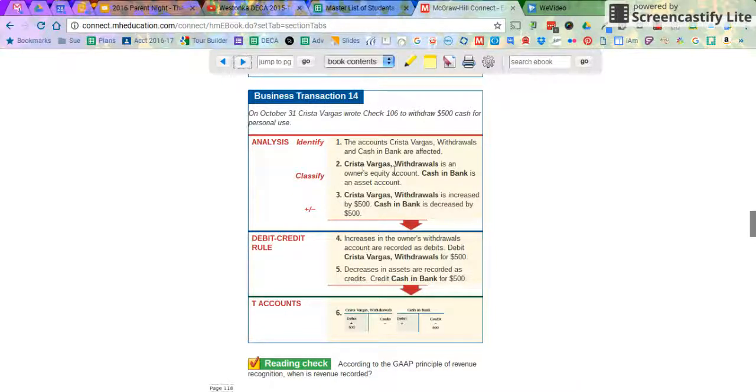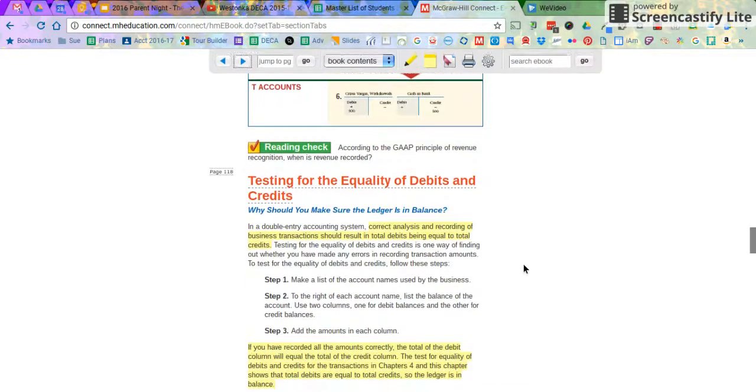So the account is called the owner's name, withdrawals. And since we wrote a check, obviously we have cash. Withdrawals is something that decreases capital. So it is going to be a debit. It's a normal debit balance. And writing a check, we know, is a credit to cash.